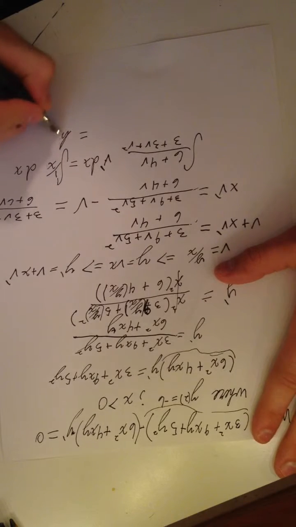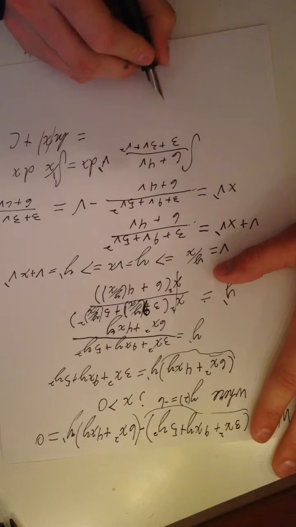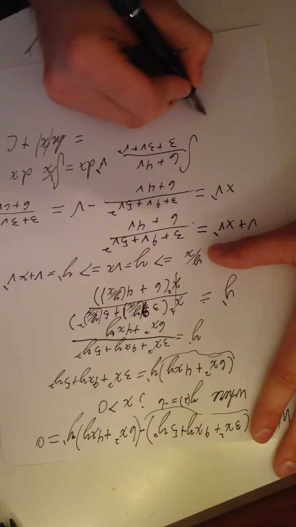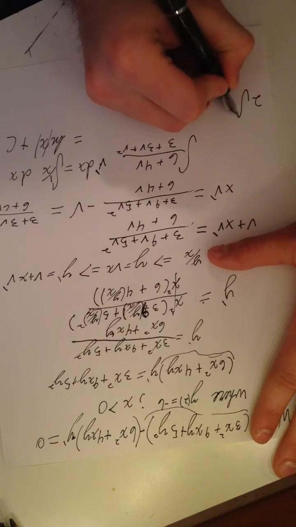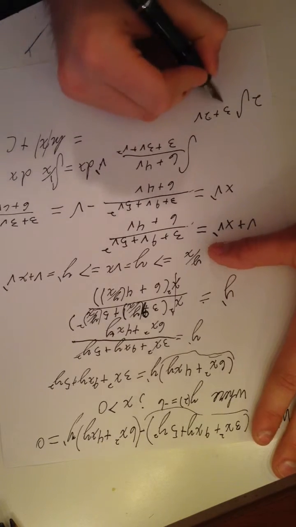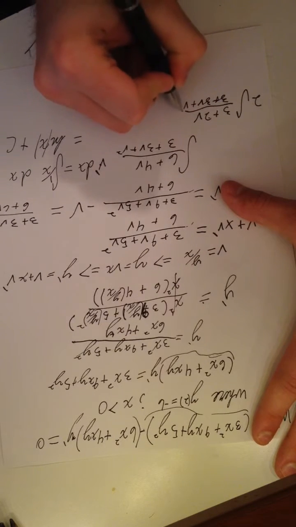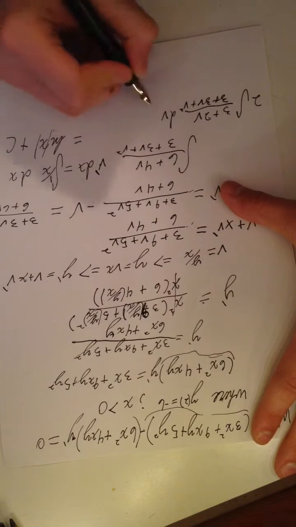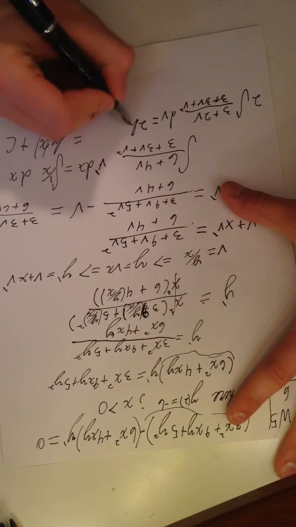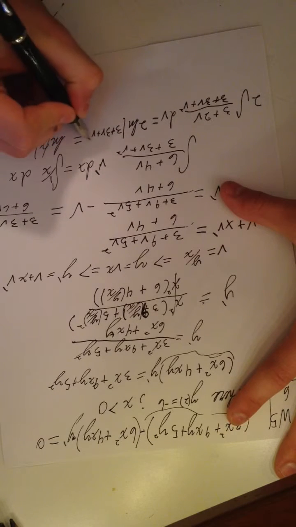This will just give us natural log of x plus c. And on this side, we're going to take out a 2, so that'll be 2 times the integral of (3 + 2v) over (3 + 3v + v²) dv, which is equal to 2 ln(3 + 3v + v²).